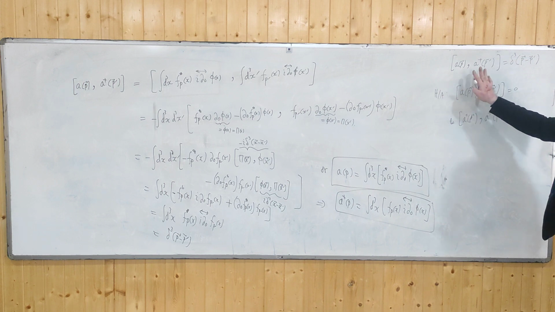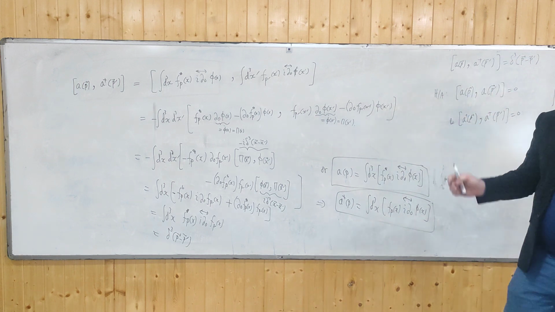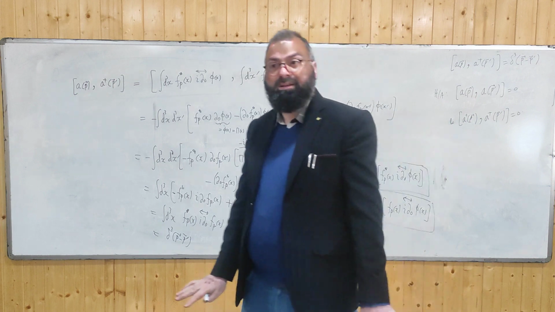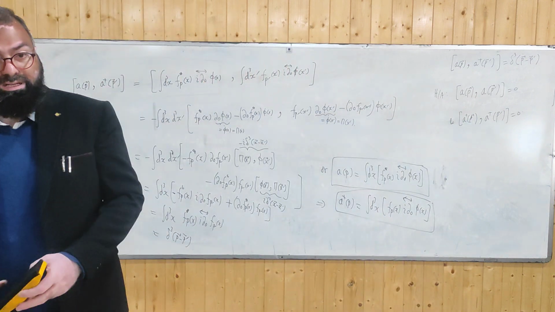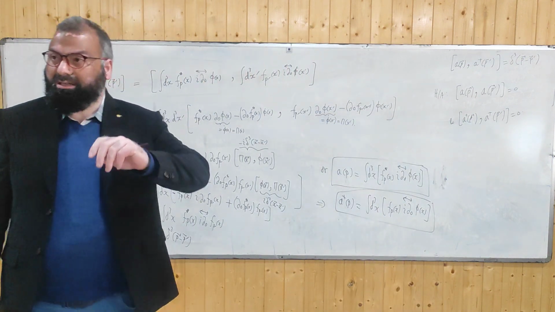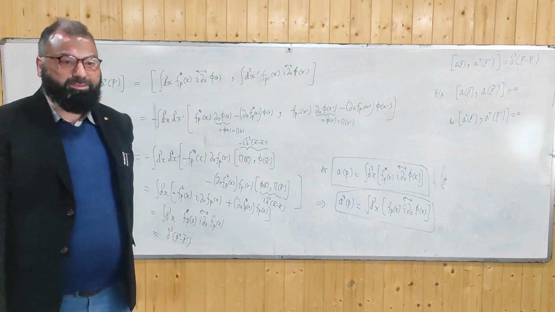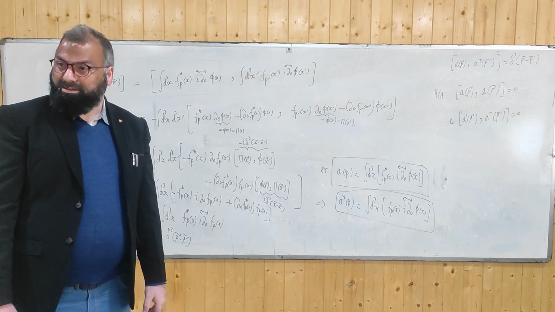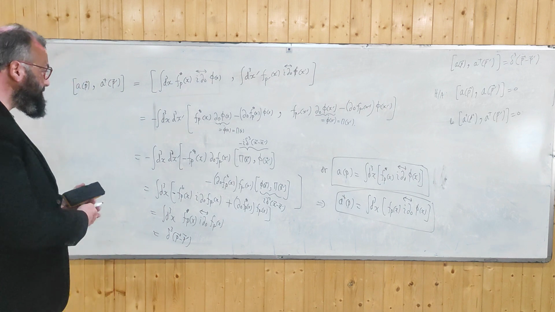In other words, this condition is equivalent to the quantization condition. Now we need to interpret what this A and A dagger are. For that matter, we need to calculate the Hamiltonian. Got it? Okay, so let's go to the Hamiltonian.